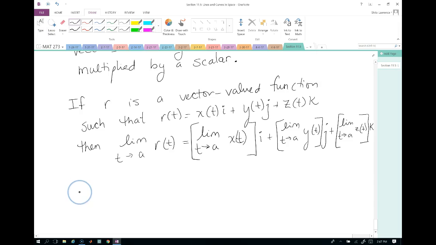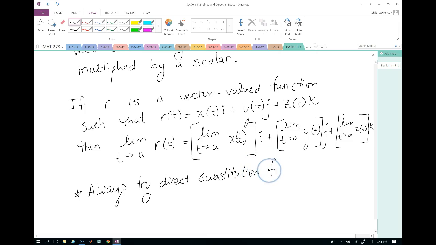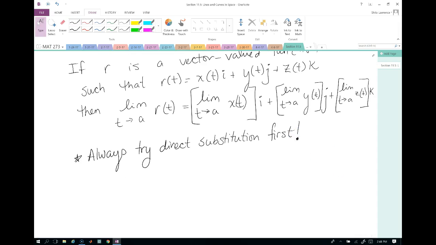As we learned in Calculus 1, always try direct substitution first. If direct substitution doesn't work, just as a quick review, direct substitution means we're just going to take that a value and plug it in for t and see if we can get an answer. And then if direct substitution doesn't work, we might have to apply some of our limit techniques.